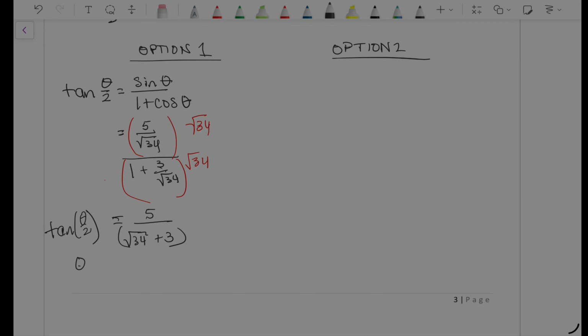Well, if you want to know theta over 2, you would do inverse tangent, and then whatever this is as a decimal.